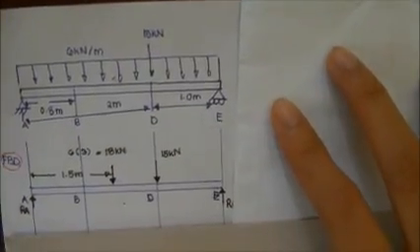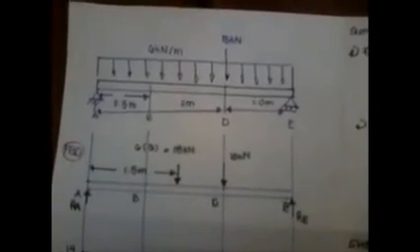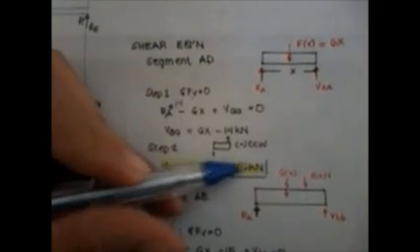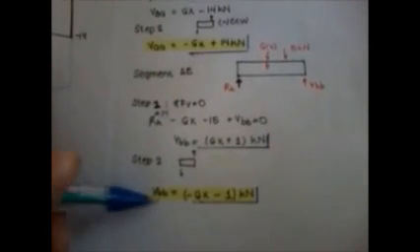Let's solve for the bending stress. In order to compute for this value, we have to know the maximum bending moment. We start off by drawing the FBD and computing for the reactions of the support. We can now solve for our shear and moment equation. For segment AB, the shear equation is VA equals negative 6x plus 14 kN, while for segment AE, it is equal to negative 6x minus 1 kN.